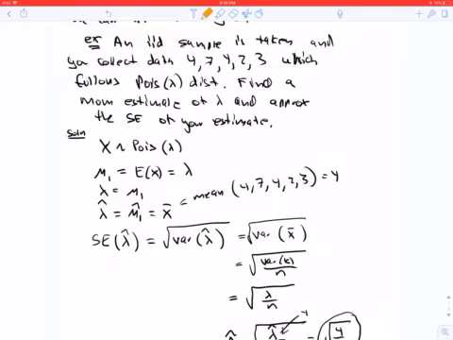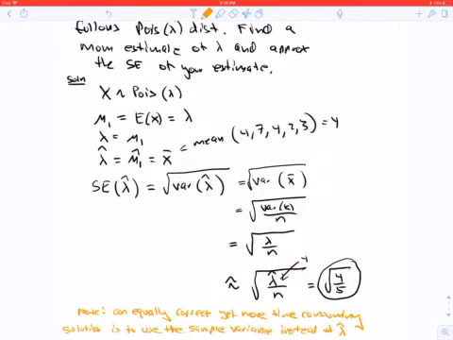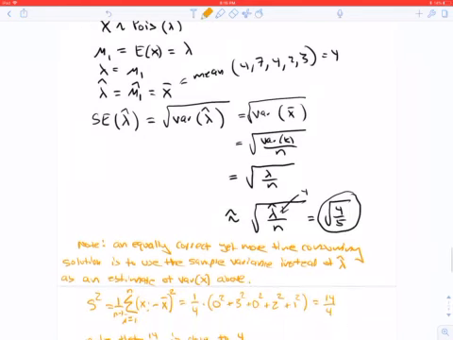So we know that a MOM estimate for lambda is the sample mean, which is 4, and we can calculate the SE of our estimator. It's the square root of the variance of our estimator, in other words, the square root of the variance of x bar, which is the square root of the variance of x over n.